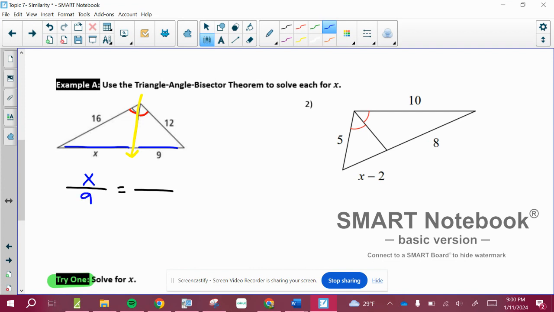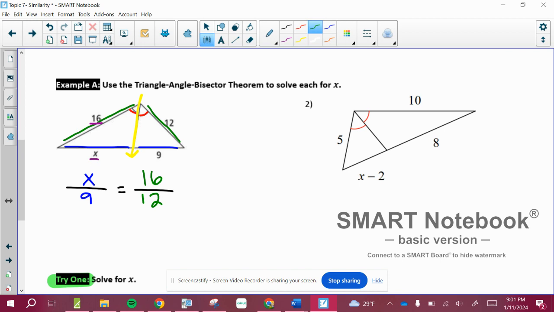Those parts form a proportion with the two other sides of the triangle. When you set up your second fraction, make sure to go in the same order that you did the first. I did X first, so I have to do 16 when I set up the second one. 9 is on the bottom from the second part of the triangle, so we have to go 12 on the bottom. So X over 9 is equal to 16 over 12.